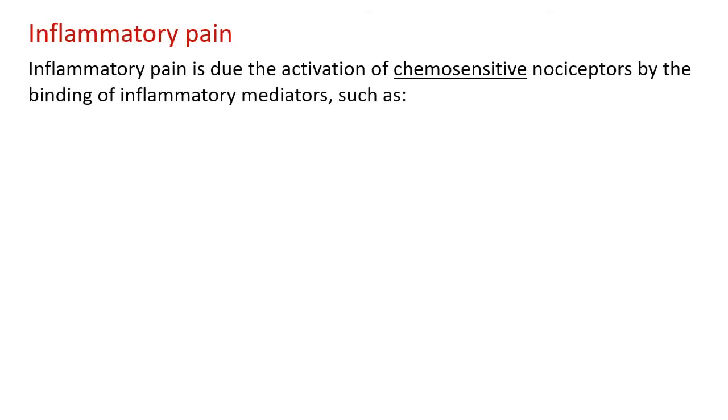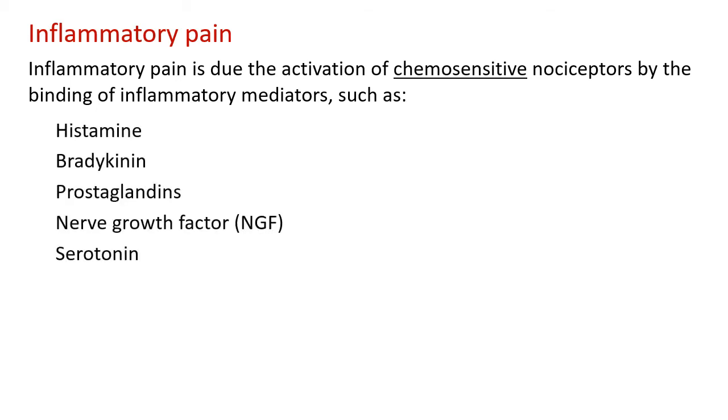Various inflammatory mediators can stimulate pain by binding to chemosensitive TRP channels on the free nerve endings. This is basically transduction by inflammatory mediators. This list is of the more common mediators, but it's not exhaustive, as you can see from the list on the diagram.